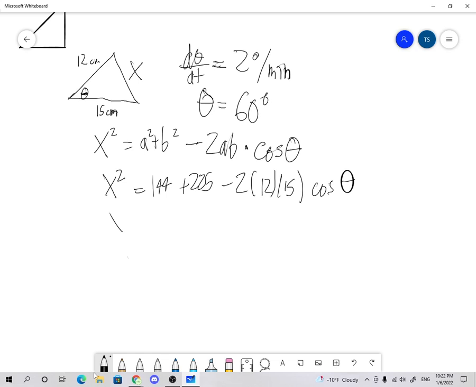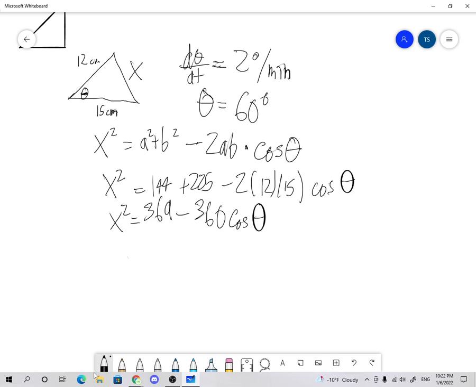Great. So if I were to simplify this out, that would be 144 plus 225, which is equal to 369 minus 360, because 2 times 12 times 15 is equal to 360, cosine of theta. And you might be tempted to subtract, but because it's attached to a variable, we cannot.